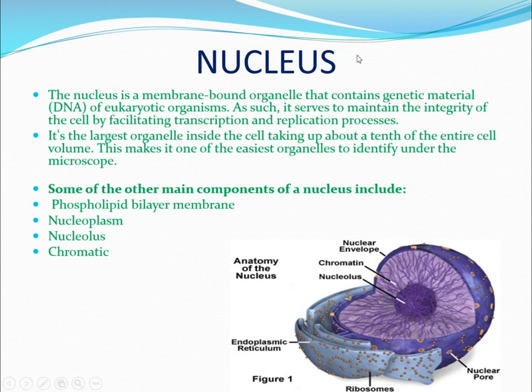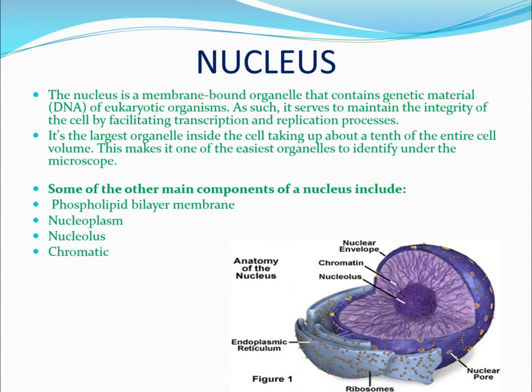Genetic means the transfer of characteristics from parents to offspring. The genetic material being transferred in eukaryotic organisms is present in the nucleus. As such, it serves to maintain the integrity of the cell by facilitating the transcription and replication processes.